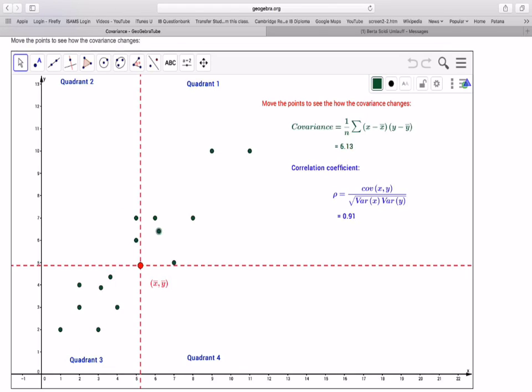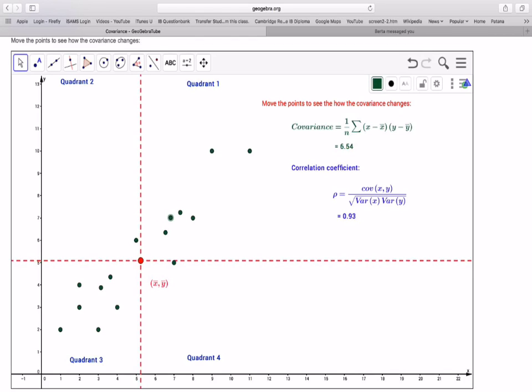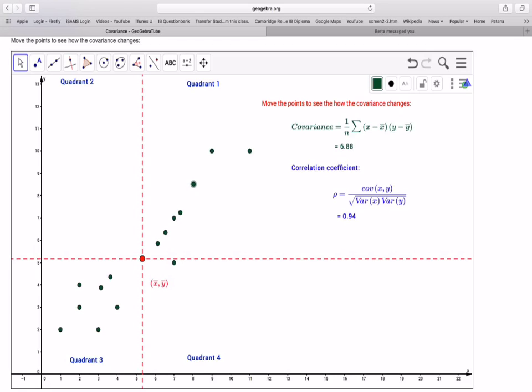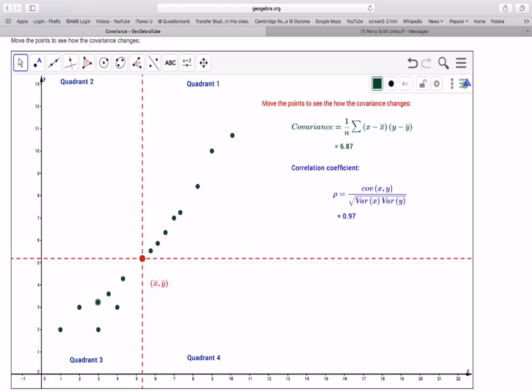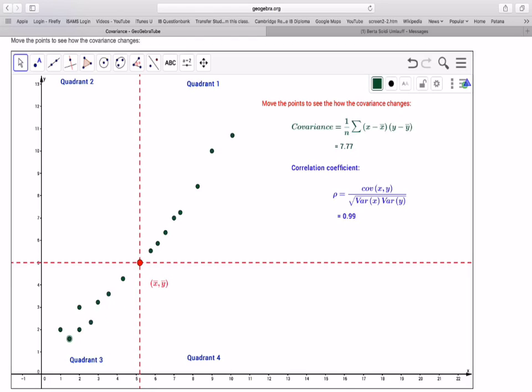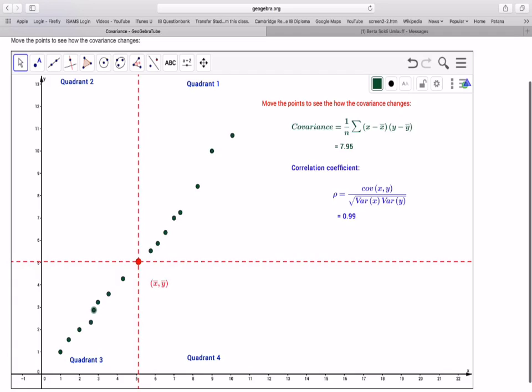Now I can actually move these points. The average will change because the values are changing, but not by very much. I can put these points in roughly a straight line. Okay, so they're roughly in a very straight line now.